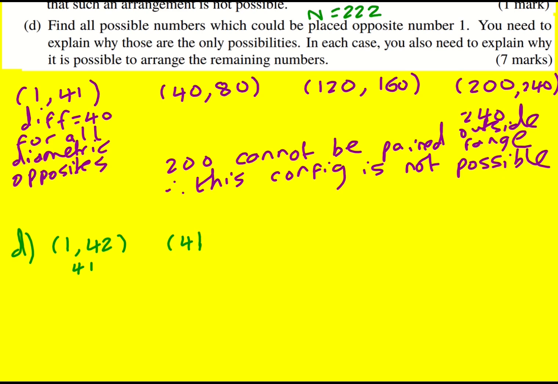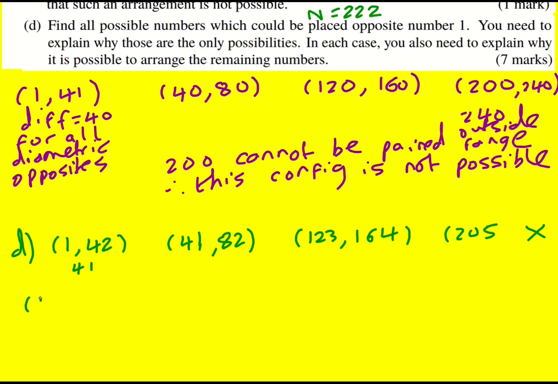We've seen that 41 cannot be opposite 1, to get a feel for which ones might be able to. So 41 would then be opposite 82. Just keep adding 41 basically. Then 123 would have to be opposite 164. And then we'd be left with 205, which cannot be paired.